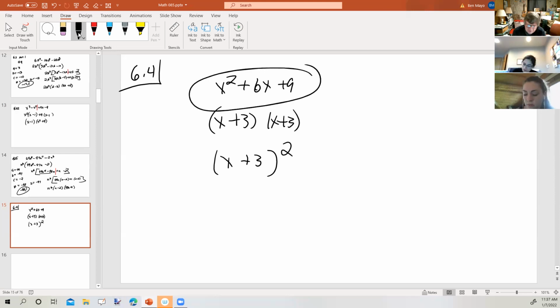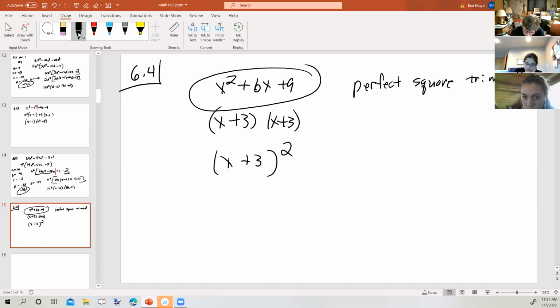So because this trinomial has two identical factors, it is called a perfect square trinomial.